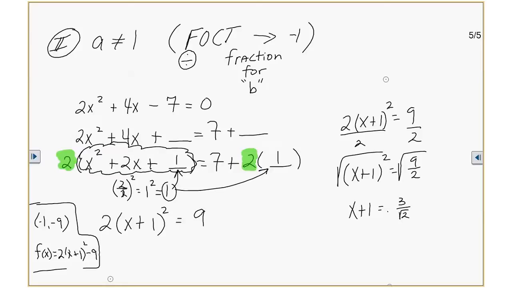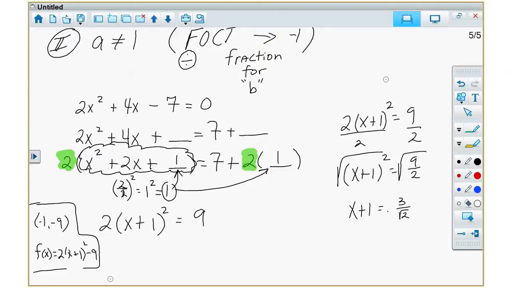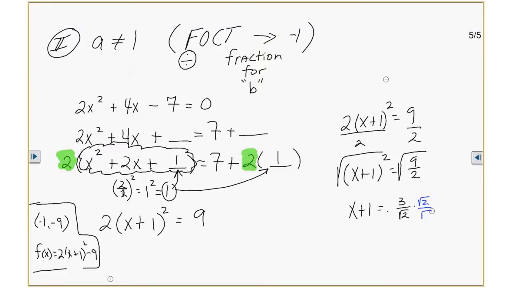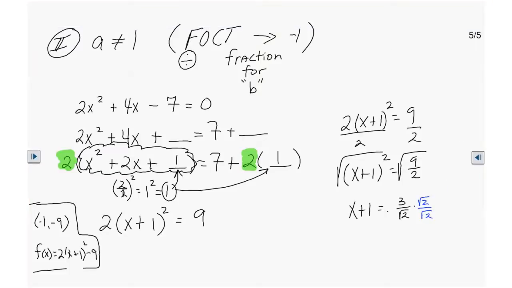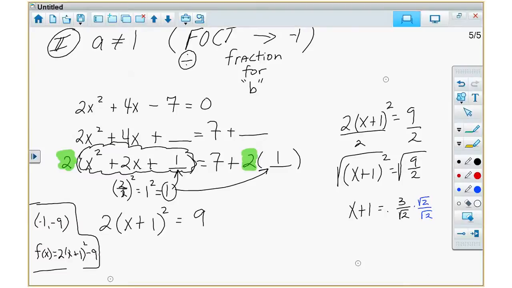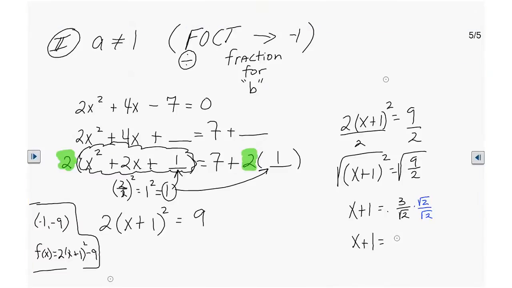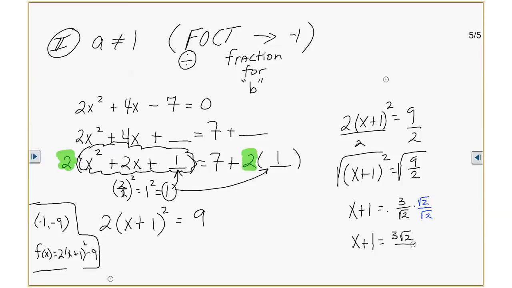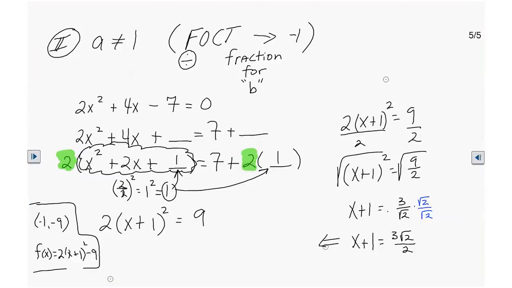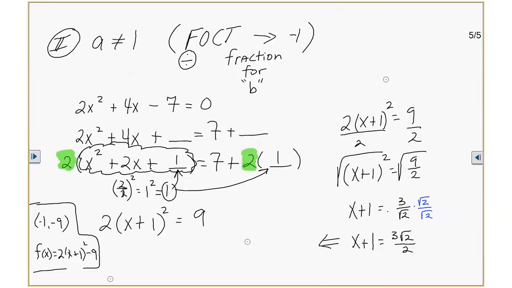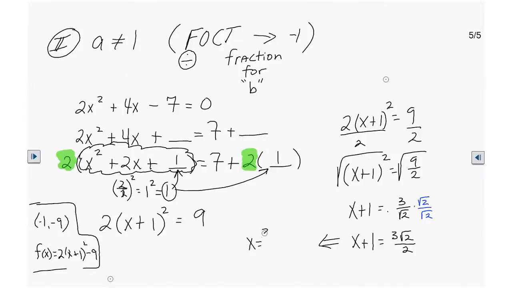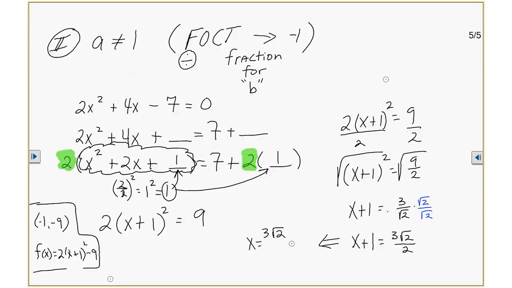I'm going to go ahead and rationalize that denominator, so I'm going to do it in blue. Square root of 2 over square root of 2. That's going to give me x plus 1 is equal to 3 square root of 2 over 2. And now I'm going to bring that 1 over as 2 over 2. And x is equal to 3 square root of 2 minus 2, all over 2.